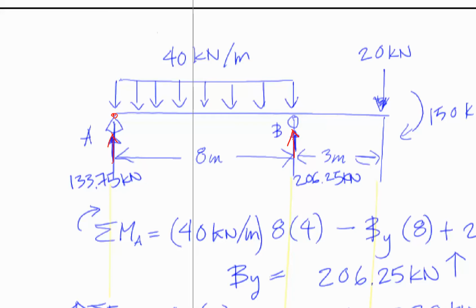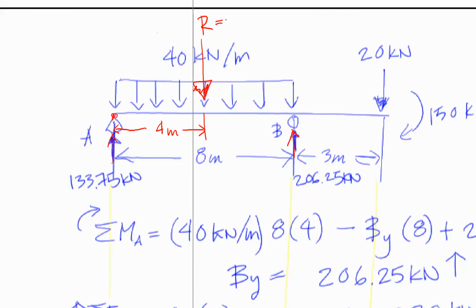So, sum of the moments about A, right? You want to go from left to right. The 40 kilonewtons per meter multiplied by 8 gives you a resultant load right there, centered between that 8 meters. So the center of that would be 4 meters. So what is the reaction?